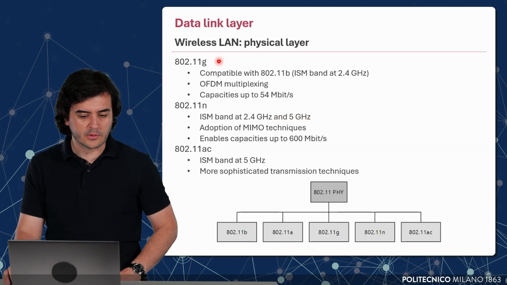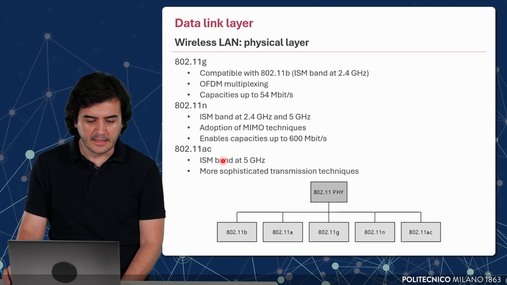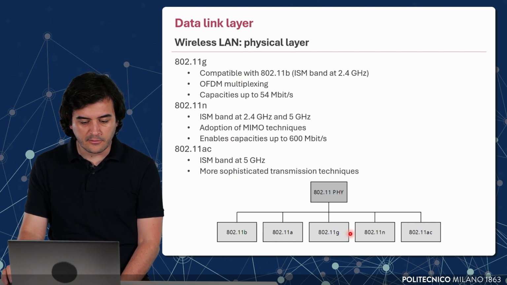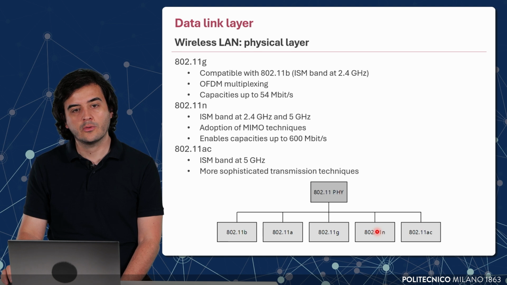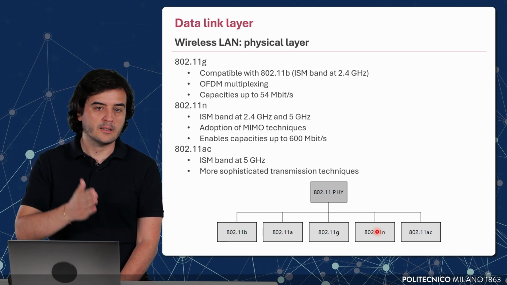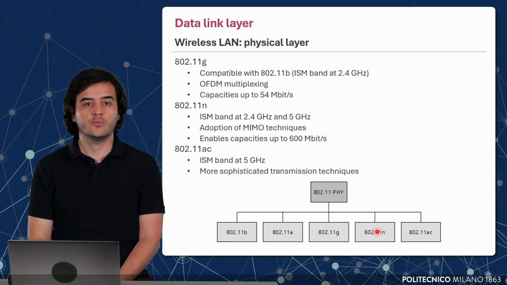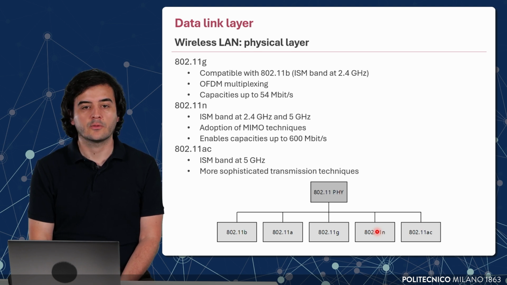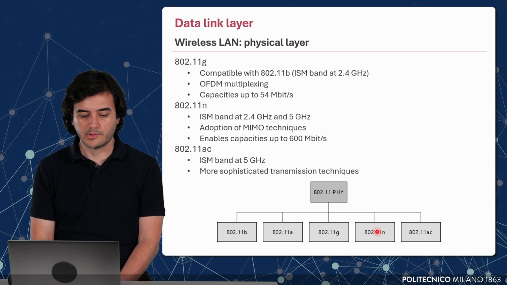And the same also for the G and AC. You see that there might be similarities between the different types of protocols that are defined in order to ensure that the communication when we use wireless local area networks is as efficient as possible.